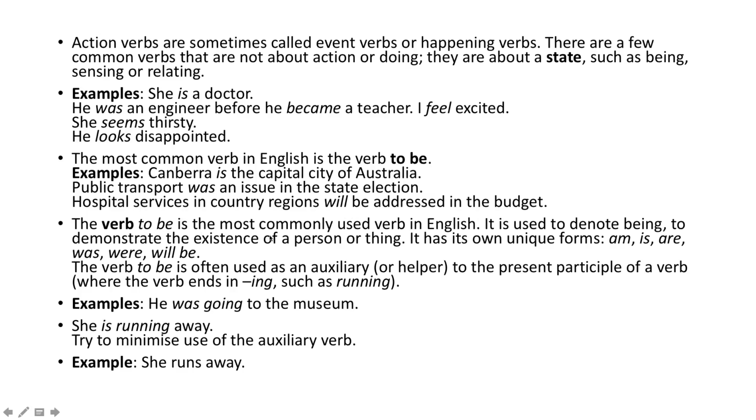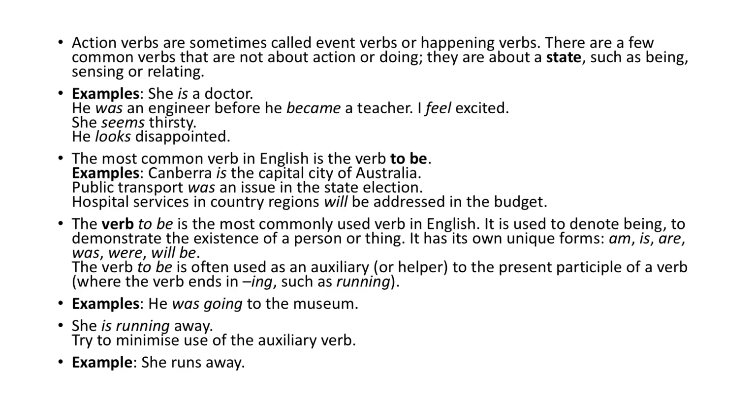The verb to be is the most commonly used verb in English. It is used to denote being, to demonstrate the existence of a person or thing. It has its own unique forms: am, is, are, was, were, will be.